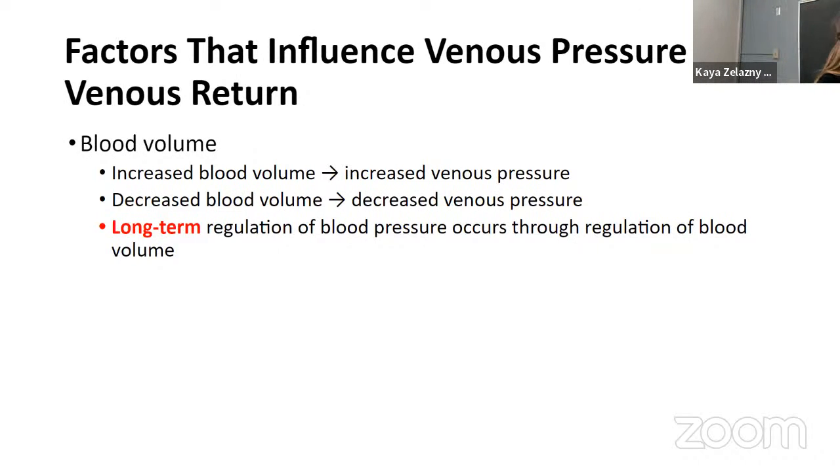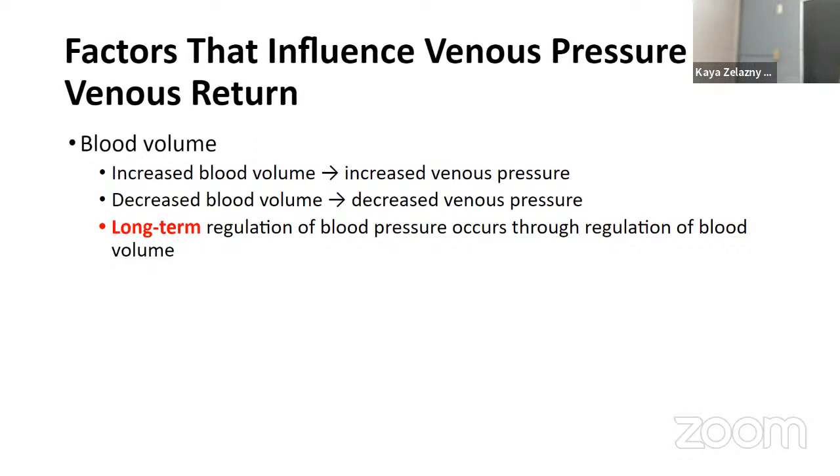Okay. So next, we're going to be thinking about factors that overall influence venous pressure and therefore influence venous return, so the return of blood to the heart, because this is going to be important for pressure in the system overall. So for now, what we want to know is if they increase the blood volume, so if there's more blood, this increases the venous pressure.